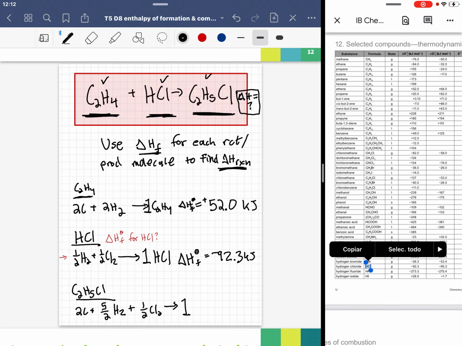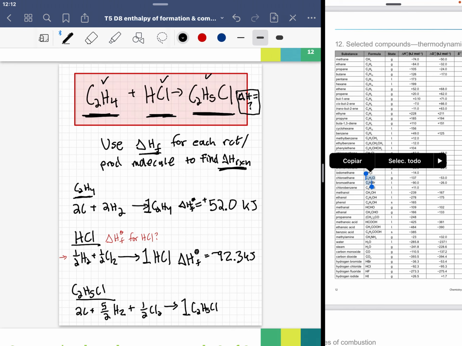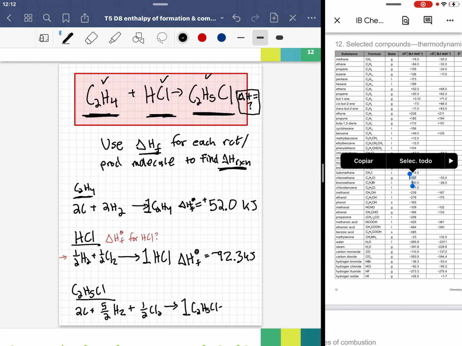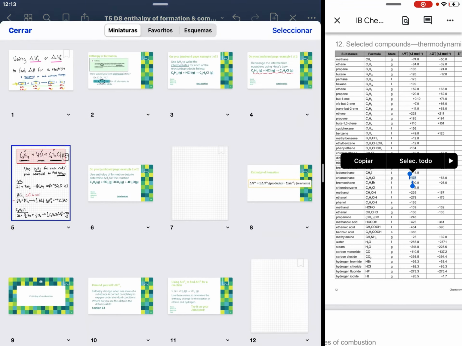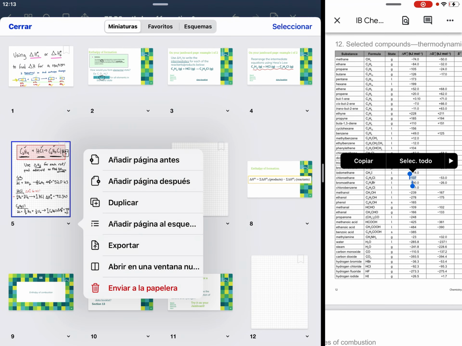It has to be 1 by definition because it's delta H of formation for C2H5Cl. And I should be able to find that. C2H5Cl is right here. The standard enthalpy of formation for this molecule is negative 137 kilojoules.